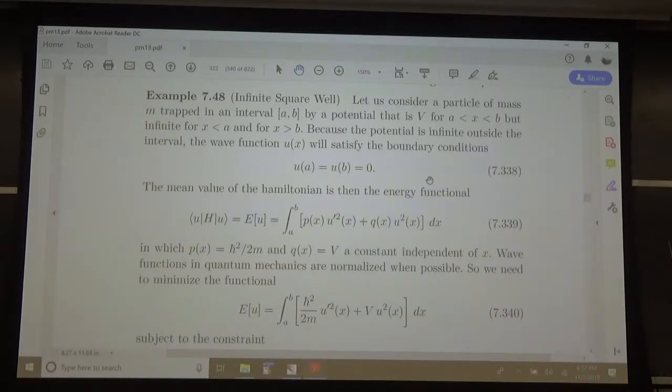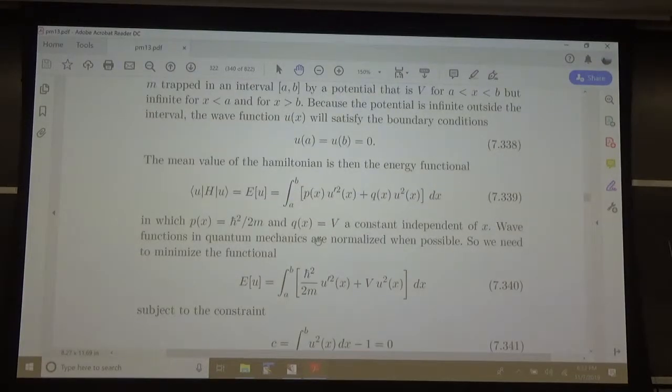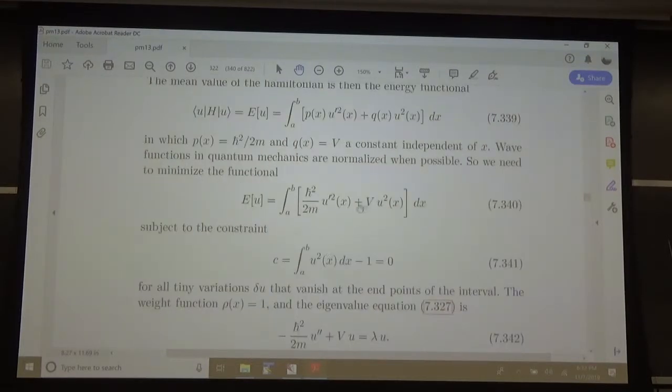So the mean value of the Hamiltonian then is this energy functional, p u prime squared plus q u squared. Well, that is just identifying q of x with v and p with just a constant h bar squared over 2m.